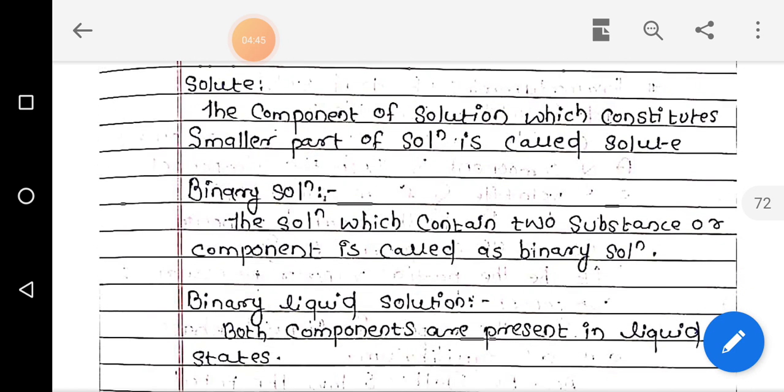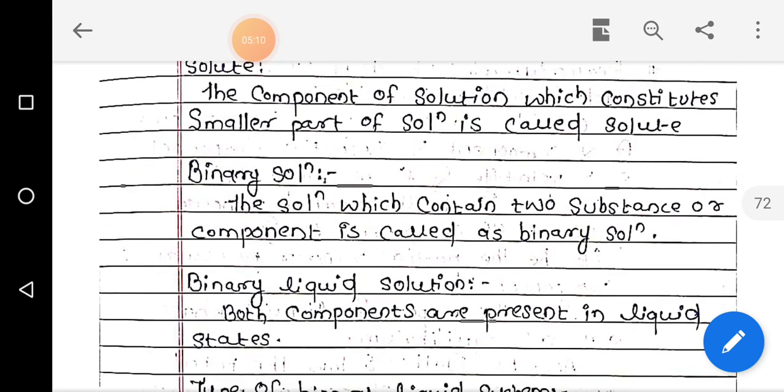Next one is the solute. The component of the solution which constitutes the smaller part of the solution is called the solute.